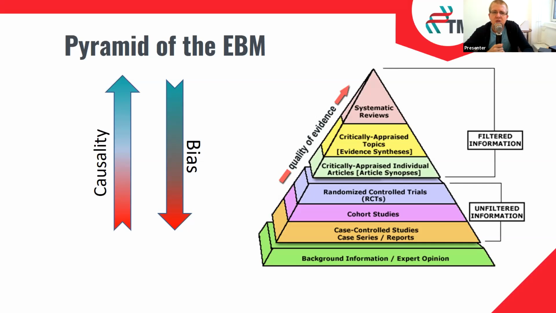So the causality increases if you go towards the top of the pyramid, while the risk of bias reduces. That's why we prefer evidence from randomized controlled trials if we'd like to make recommendations and guidelines.